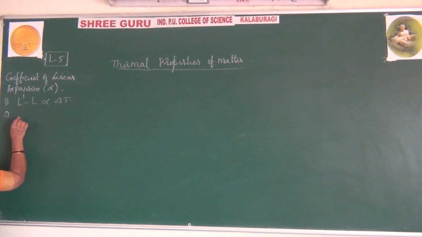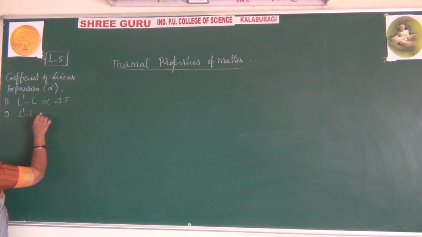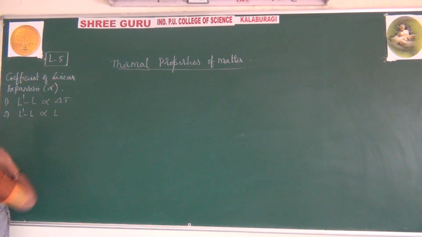The second step: L dash minus L, that is the increase in length, is directly proportional to the original length.